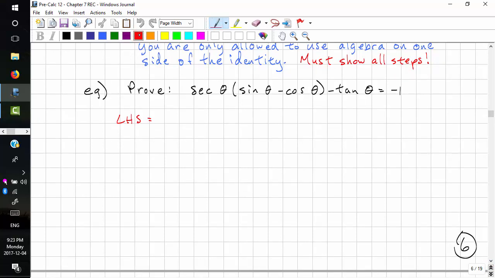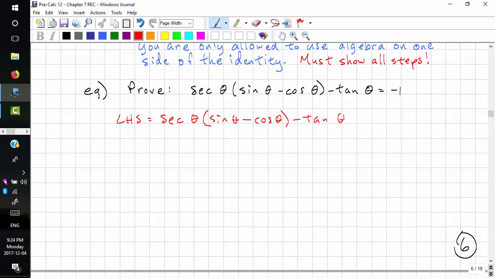Okay, you can say left-hand side equals or right-hand side equals. A good tip is to use the side that has more expressions. So we start off left-hand side equals, and we just write it out. Secant theta, sine theta, minus cos theta, minus tan theta.